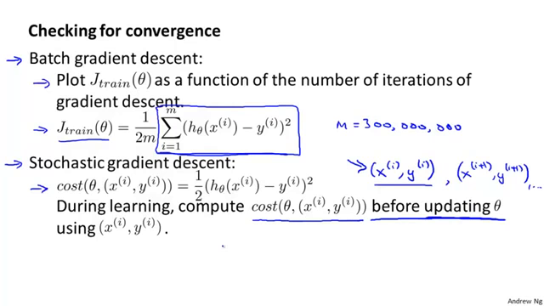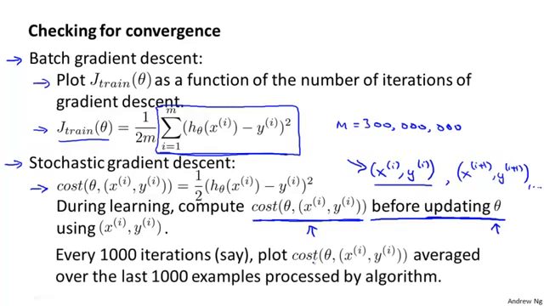Just to say the same thing again, using slightly different words: as stochastic gradient descent is scanning through our training set, right before we have updated theta using a particular training example (xi, yi), let's compute how well our hypothesis is doing on that training example. We want to do this before updating theta, because if we've just updated theta using that training example, then it might be doing better on that example than would be representative.